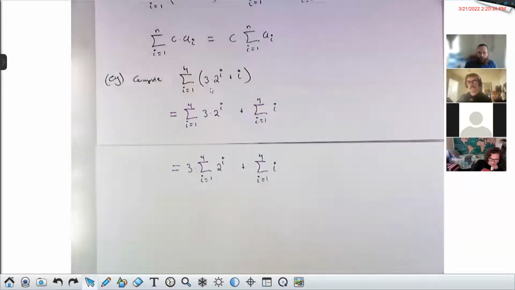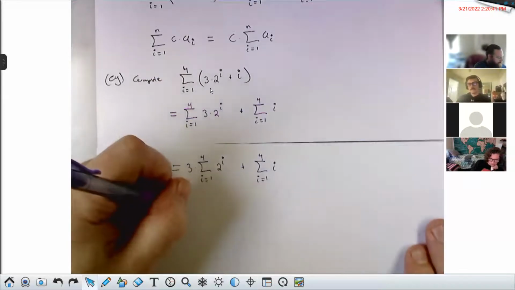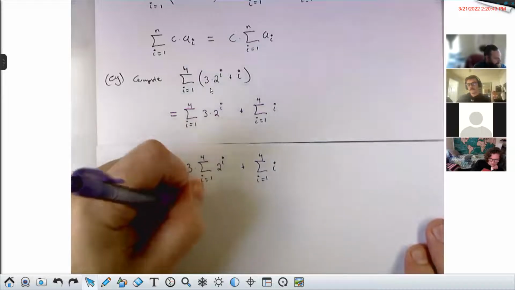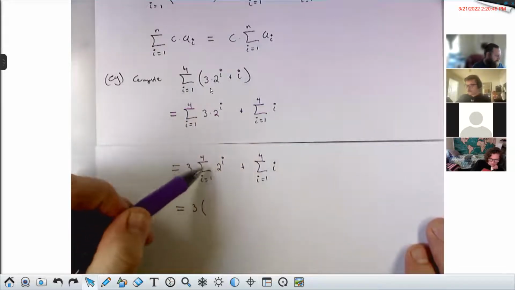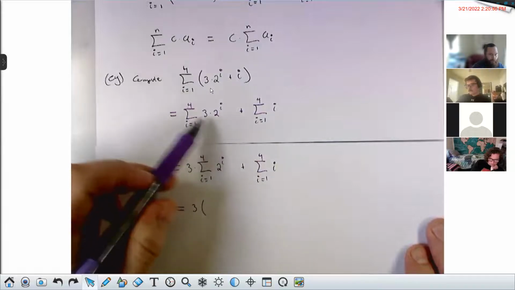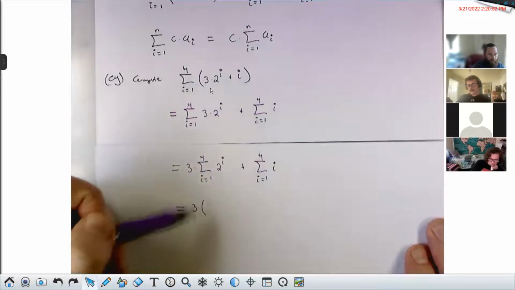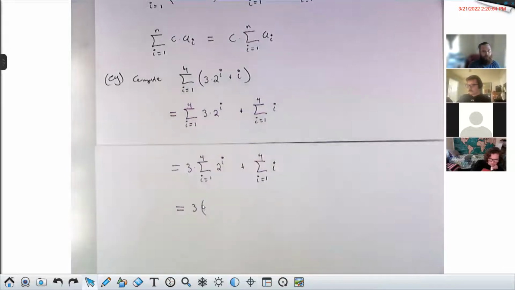And then I can compute each of these. Each of these is a little bit simpler to do on their own than if I had to do it all at once together. Same sort of ethos as doing derivatives one part at a time. This 3 is going to be distributed across every term here because of course it was originally included in every term here. So I open up a parentheses and then 2 to the i summed from 1 to 4.